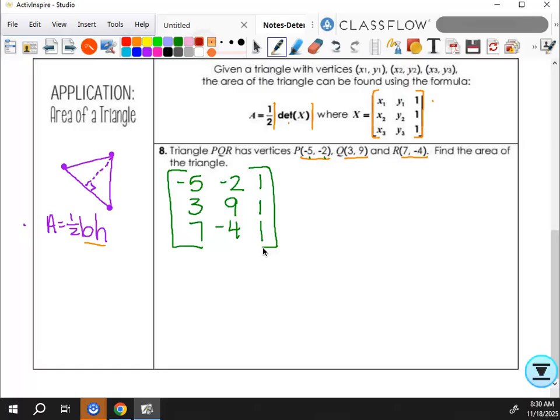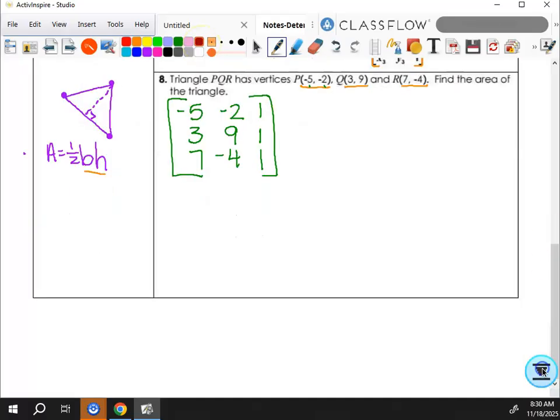Then we're going to find the determinant just like we have been. Oh, I'm going to rewrite the first two columns.